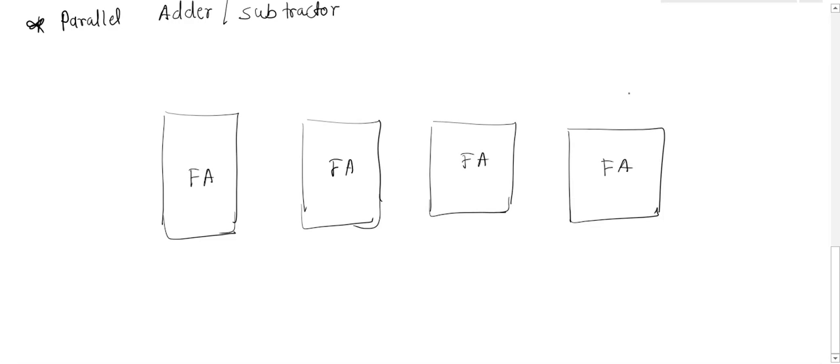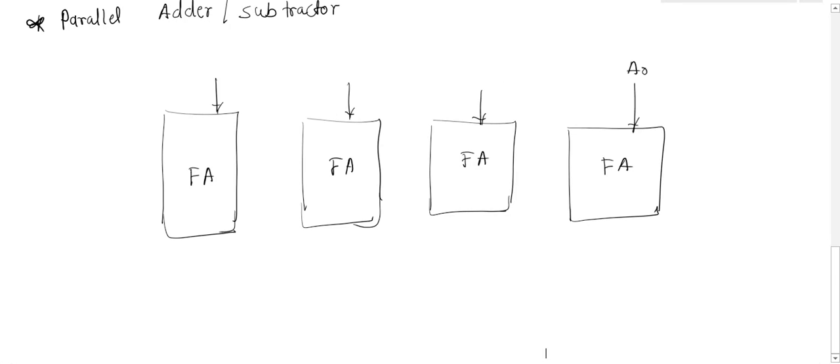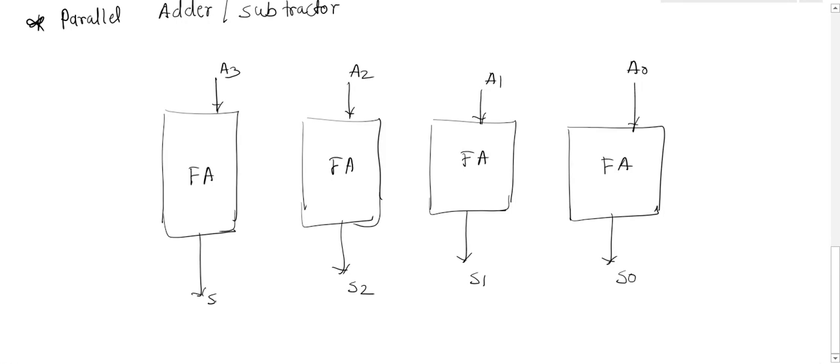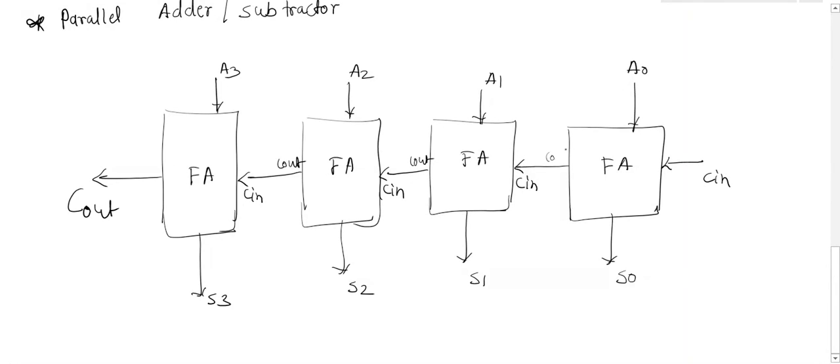The inputs I need to give here are A0, A1, A2 and A3. The outputs generated are S0, S1, S2 and S3. Along with that, the carry inputs are given, and finally there is a carry out, similarly carry out from each stage.